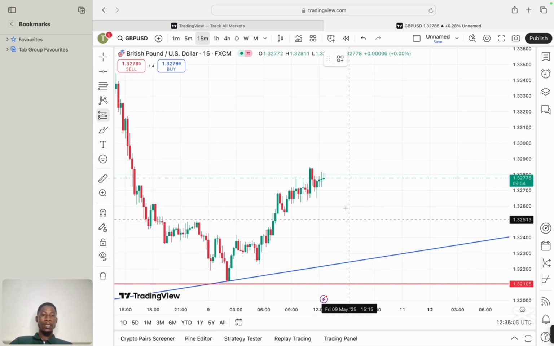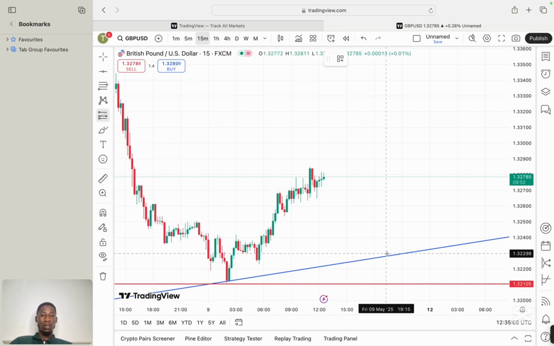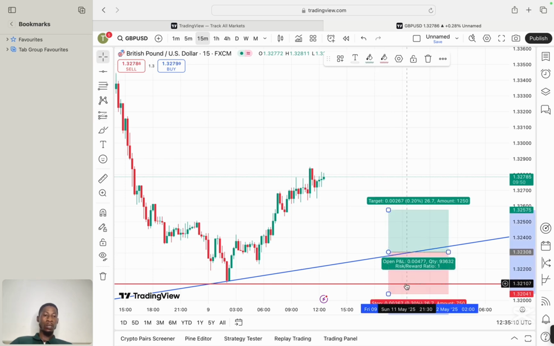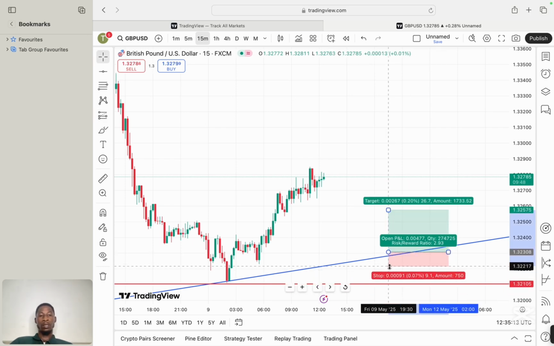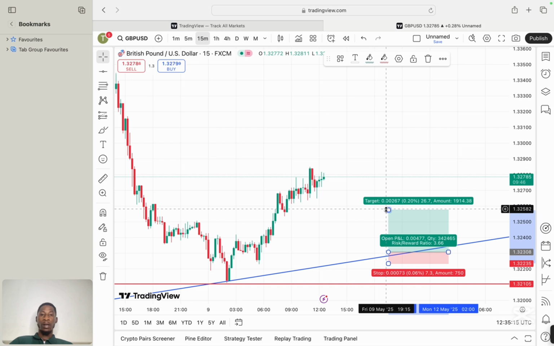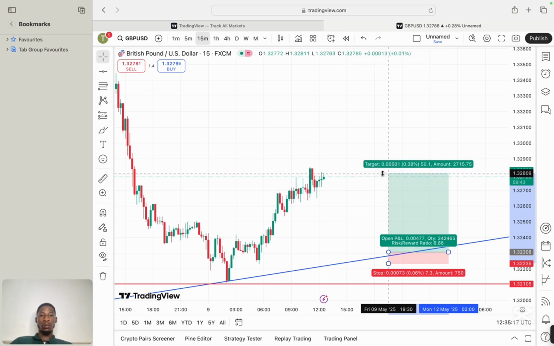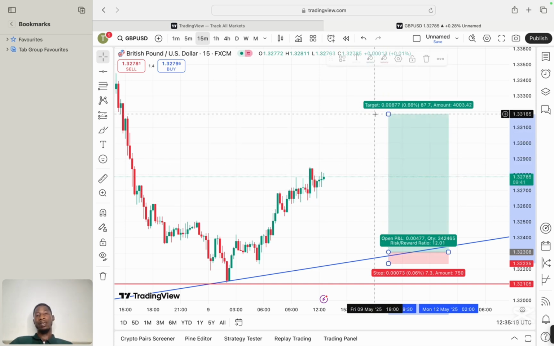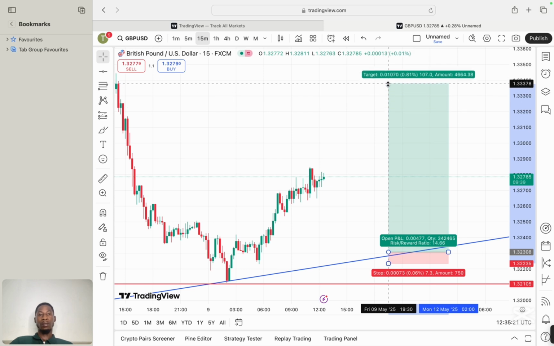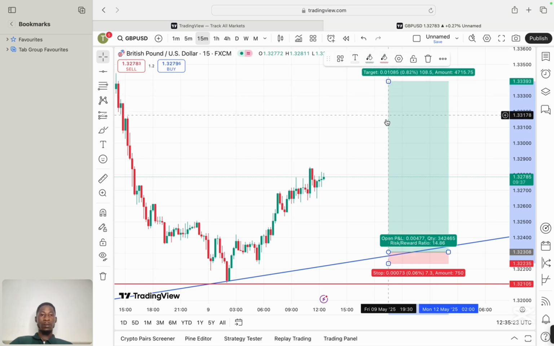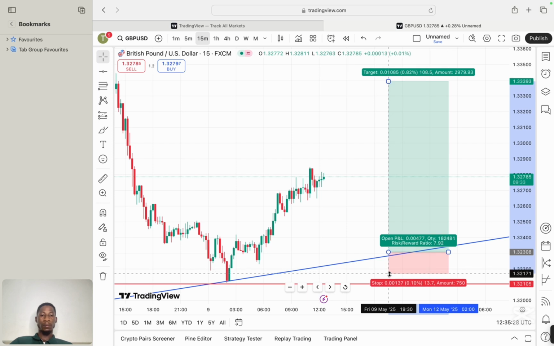So anytime this market comes back to this zone, you have to be patient in trading forex. That's one thing, patience. Anytime it comes back to this zone, because it's a ranging market, this is what I'll be looking at.